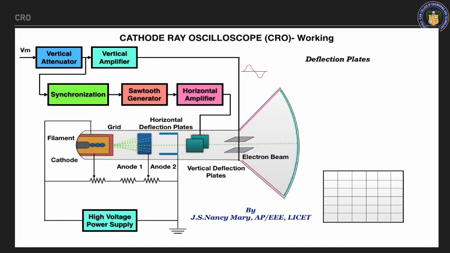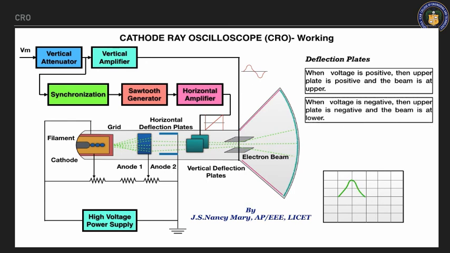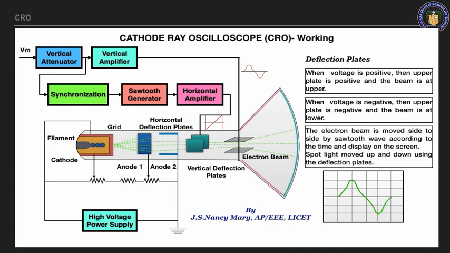The amplitude is given through the vertical, and the time domain is given through the horizontal. Accordingly, the beam will be deflected. From 0, the positive goes to the higher potential. Then, if the beam is deflected below, like this, it travels to the lower potential. Likewise, for both the positive and the negative cycle, the waveform will be generated. So this is regarding your CRO.